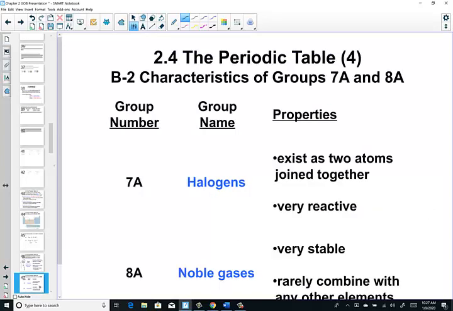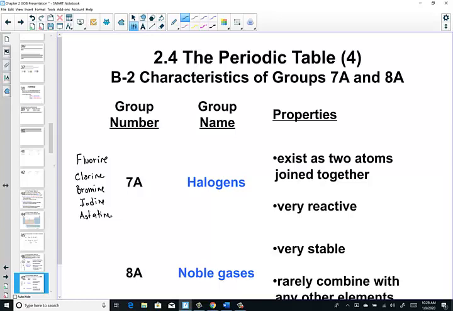We also have common names for other groups, such as group 7A. They are known as the halogens. The halogens are fluorine. Underneath fluorine is chlorine. Then we see bromine. We have iodine and astatine.